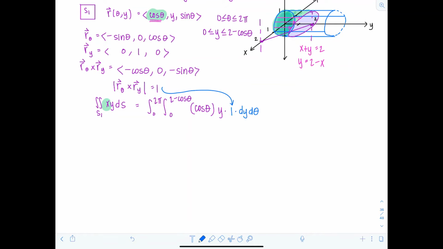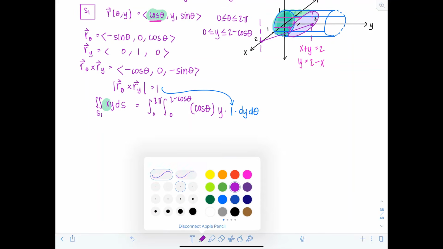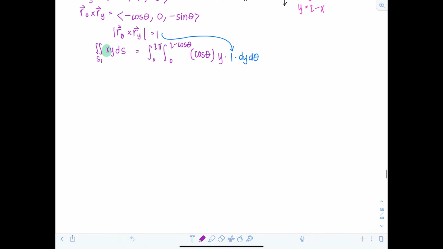All right, nice. Now let's go ahead, evaluate this integral. So I'll have 0 to 2 pi cosine theta times y squared over 2, right? I'm going to anti-differentiate with respect to y from 0 to 2 minus cosine theta d theta. And then this is going to give me 0 to 2 pi cosine theta times a half.